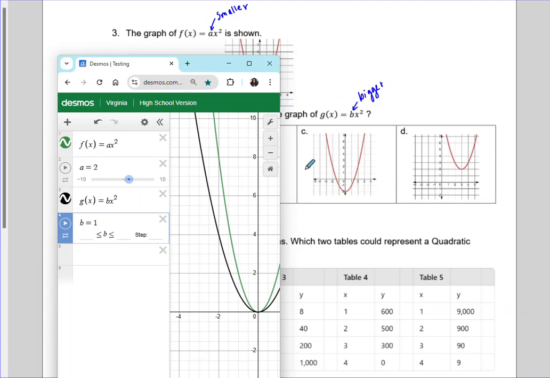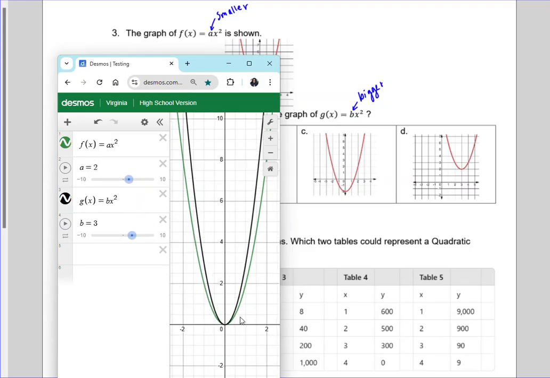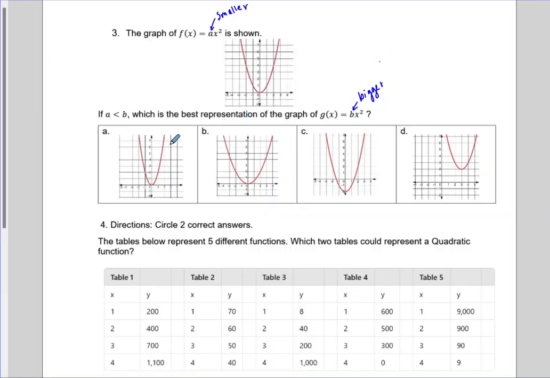And then b, I'll put a bigger number, I'll just put 3. Let's see what happens. So it looks like f of x, which has the a, is in the green, and g of x has the b. So it gets skinnier, right? So that means that I'll go ahead and choose a. It didn't move up and down, it just became narrower.